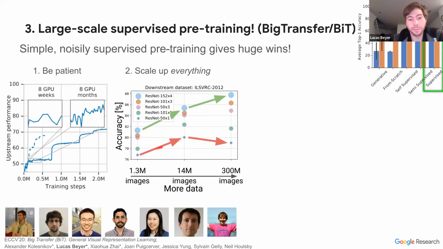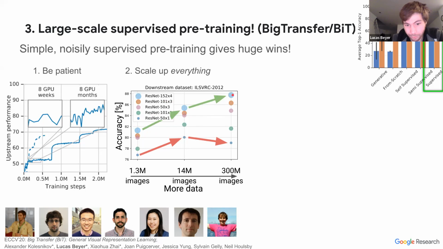If you increase the dataset a bit, it looks like, yep, it's getting better. But if you increase the dataset a lot, your model is actually getting worse again. And this, in the past, made many people not think that much of larger data for pre-training. However, only as you go to really large models, you see constant improvement as you increase the dataset size.